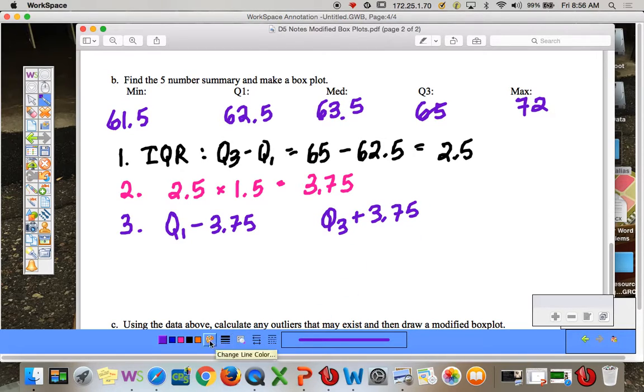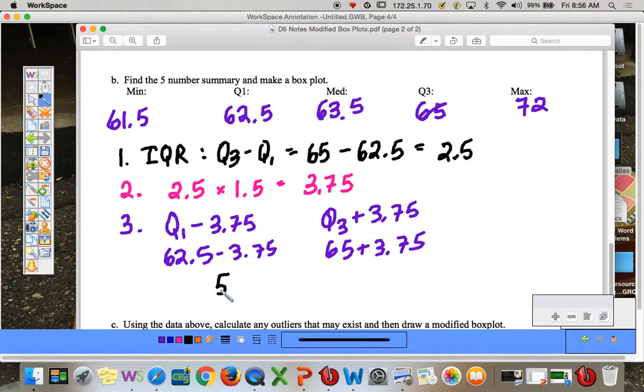Anything above that is an outlier. So Q1 was 62.5 minus 3.75, and Q3 was 65 plus 3.75. Our two fences are at 58.75 and 68.75.